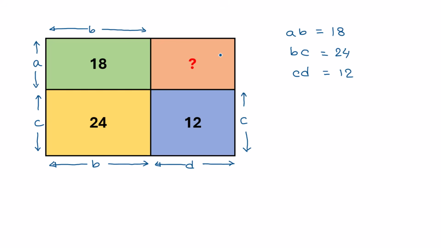Now the width of this rectangle is the same as this A, so this will be A. And as this is D, so this length will also be D. So the area of this unknown rectangle is A times D. So we have to find the value of A times D. This is unknown.